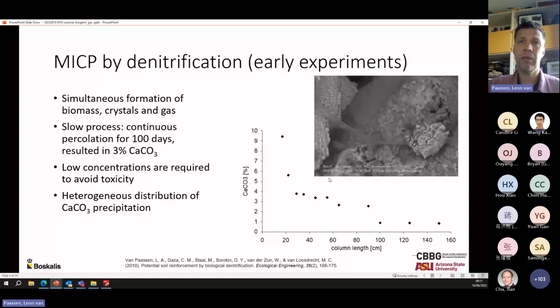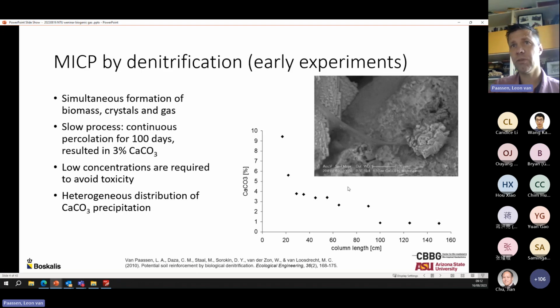We felt this may be good because the nitrogen gas and the CO2 which are formed are maybe less harmful than the ammonium chloride, which remains from the hydrolysis of urea. We demonstrated in experiments that we could simultaneously form biomass, crystals and biogenic gas. But we also found that it's a relatively slow process.